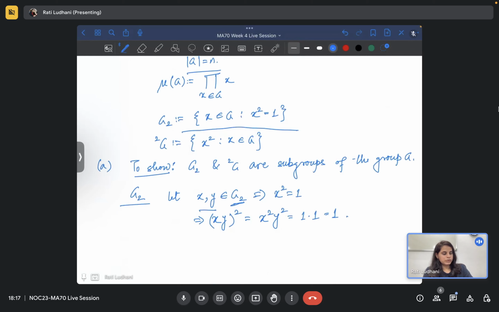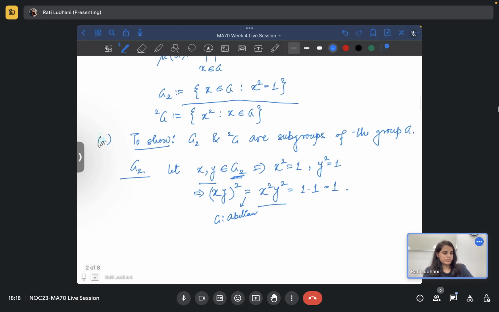So x square is equal to 1 and y square is equal to 1. If we consider xy square, we can write it as x square y square because G is abelian, so every two elements commute. Since x square is 1 and y square is 1, this is equal to 1.